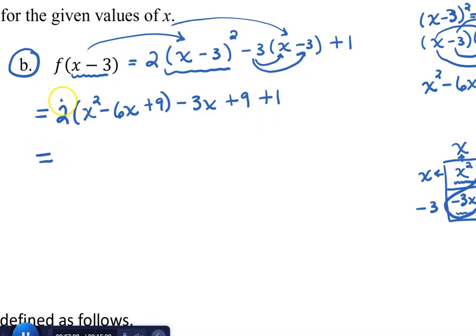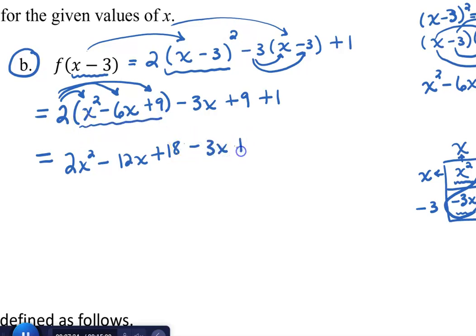Now I'm ready to distribute the 2 to all three terms in this set of parentheses. So I'll get 2x squared minus 12x plus 18, so I'm just doubling everything in here, minus 3x plus 9 plus 1. So now I'm looking for like terms that I can combine.